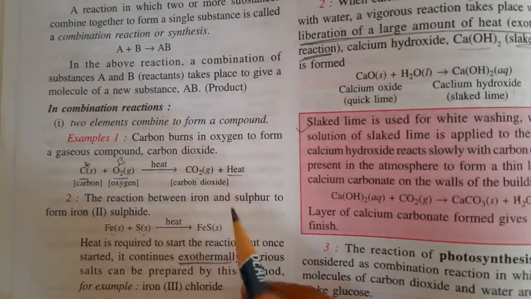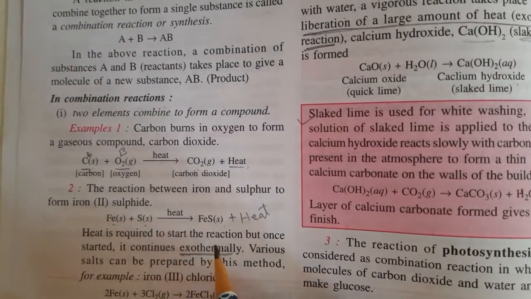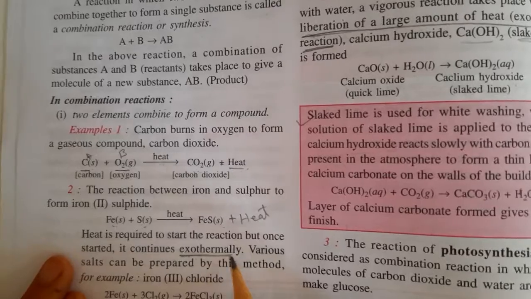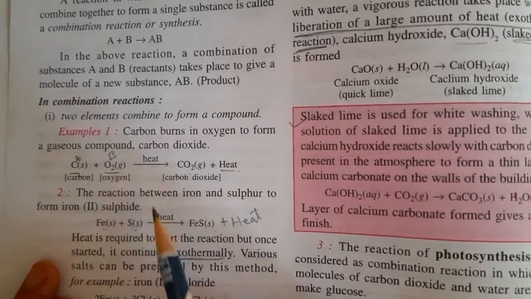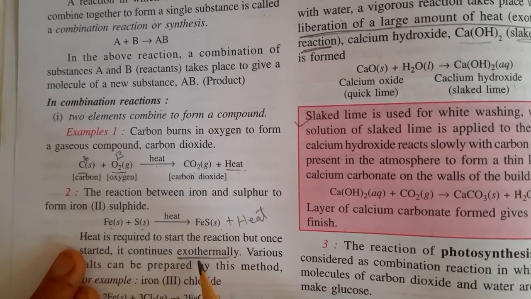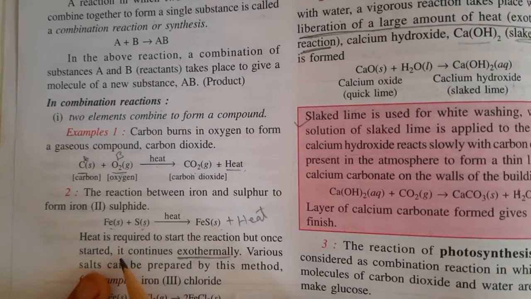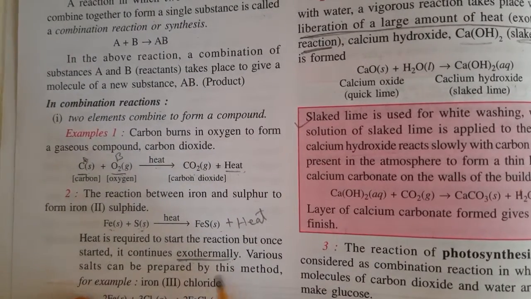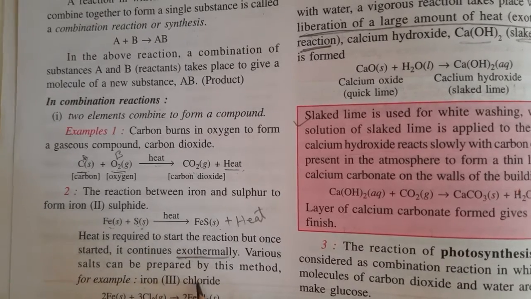Heat is required to start the reaction, but once started it continues exothermally: for the starting point we require some heat, but once the reaction has started, heat is evolved, which is known as an exothermic reaction. Various salts can be prepared by this method, for example iron 3 chloride.